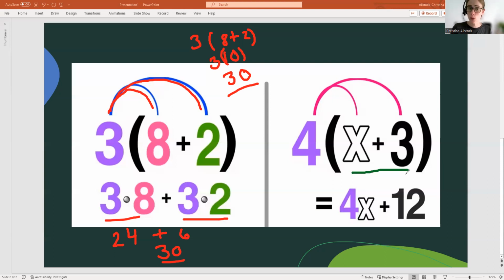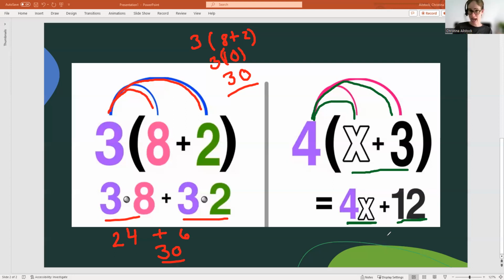So the only way we can get rid of those parentheses is by using the distributive property, because this 4 out here is being multiplied by everything inside the parentheses. So we can take 4 times x, giving us 4x, 4 times 3, giving us 12, and then that is actually our answer, because the 4x and the 12 are not like terms.